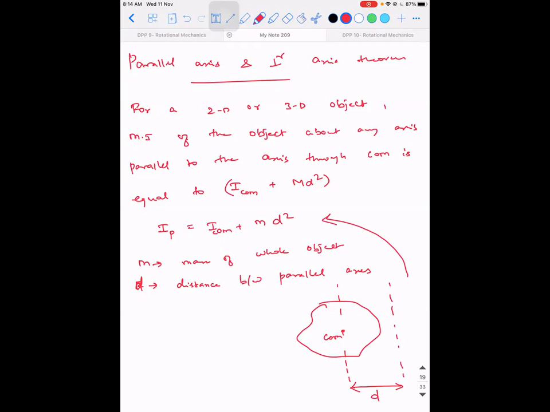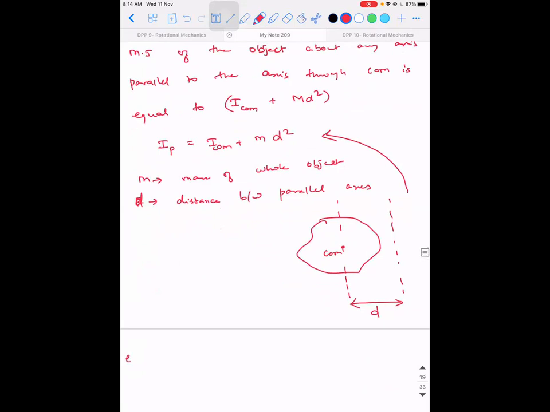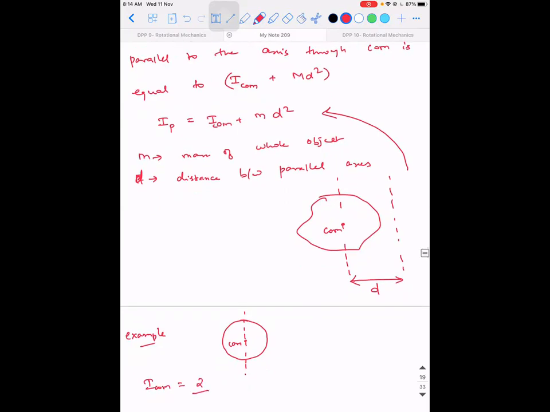I'll take a simple example. Suppose you take a sphere, okay? I'm talking about a solid sphere. For a solid sphere, what is the moment of inertia through its center of mass? 2/5 mr square.